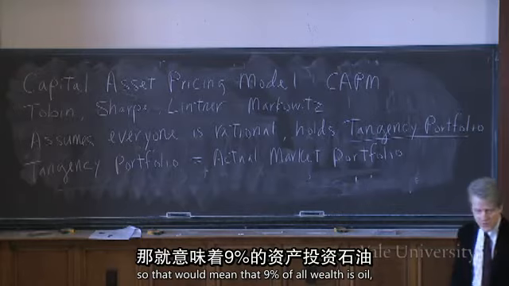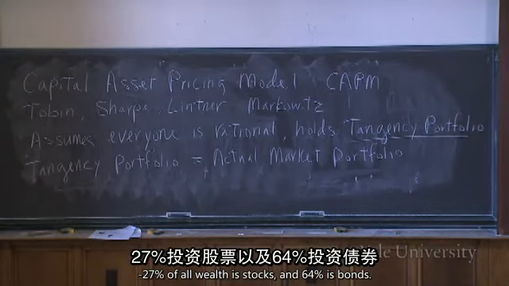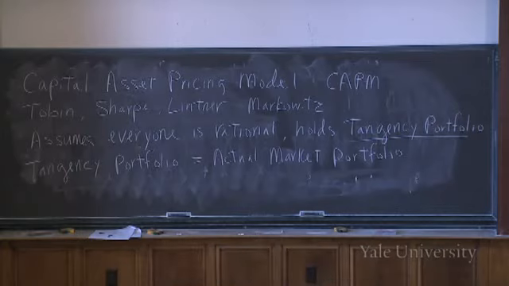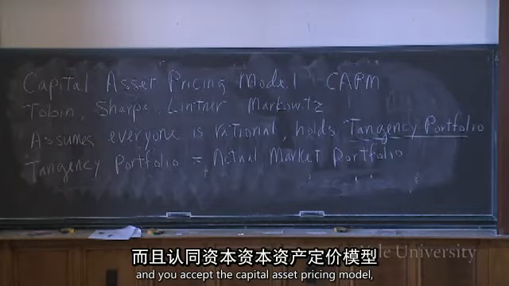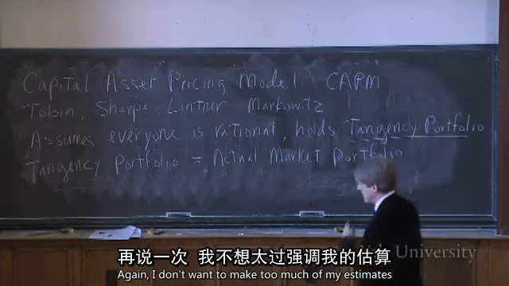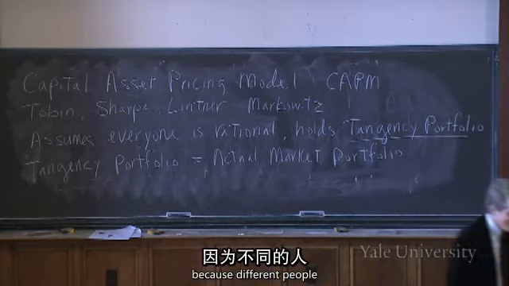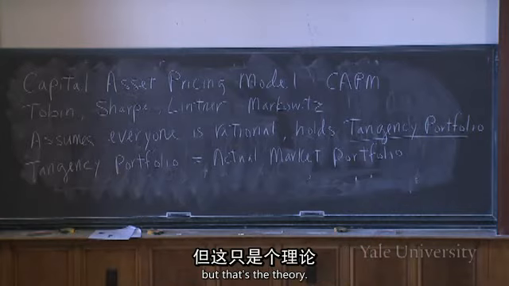So that would mean that 9% of all wealth is, I'm sorry, is oil. 27% of all wealth is stocks, and 64% is bonds. And so if you accept my estimates and you accept the capital asset pricing model, that would have to be true. Again, I don't want to make too much of my estimates because different people would estimate these things in different ways. But that's the theory.